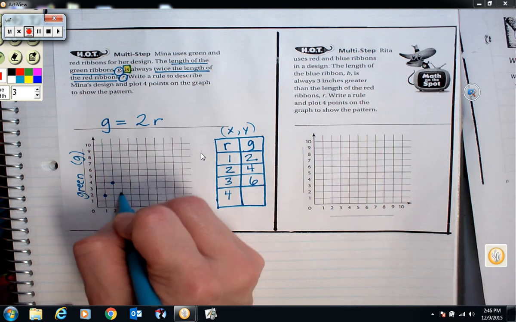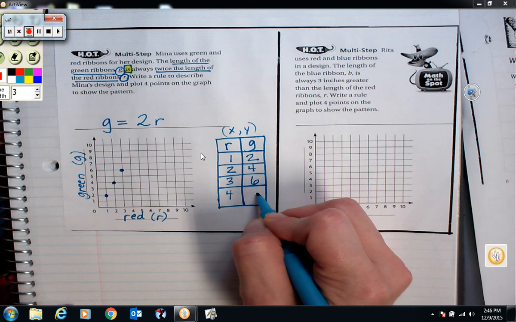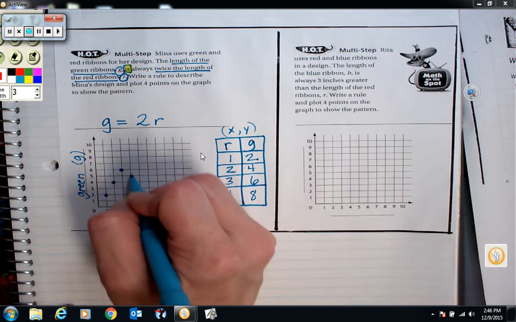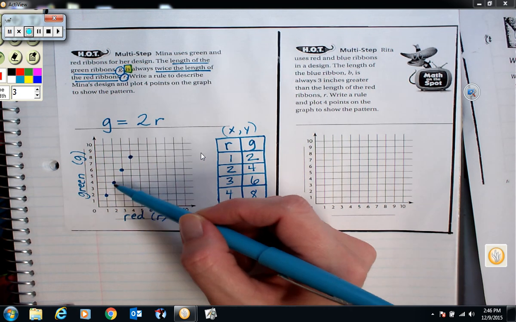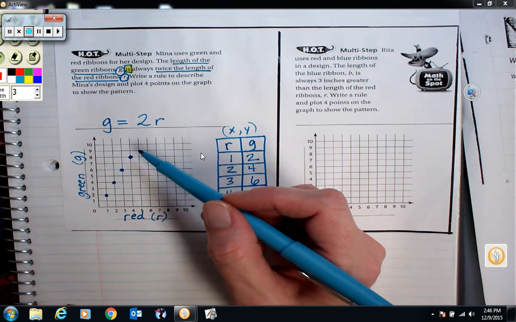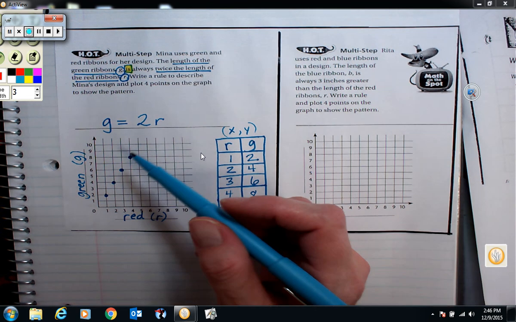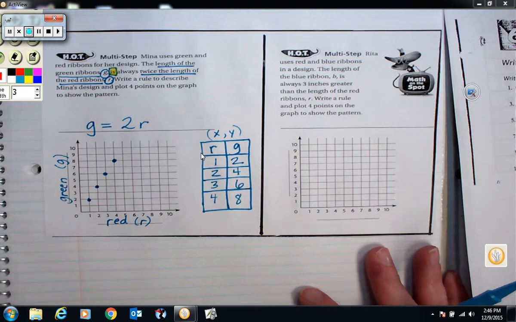Over 3, up 6. If red is 4, then green is 8. Over 4, up 8. And then I can see that this is a constant pattern of multiplying 2 times R to equal G, and it forms a line. Let's look at the next one together.